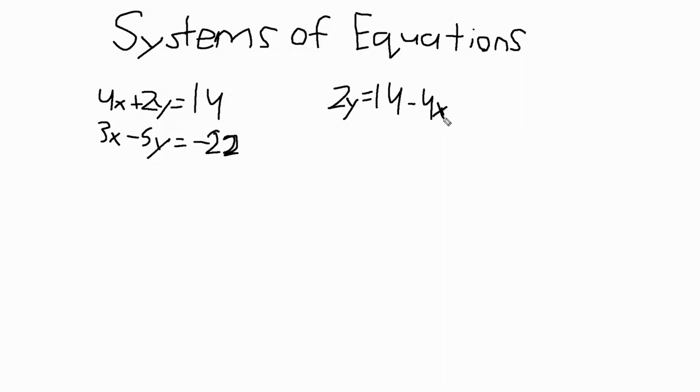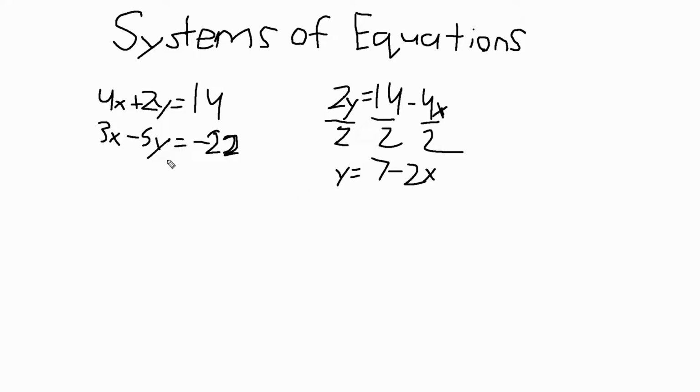Usually it's easier in most situations to try to solve for the smaller number. So now we are going to be dividing both sides by 2, which will leave us with y is equal to 7 minus 2x.